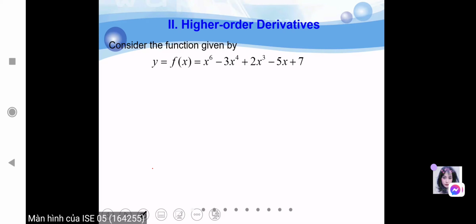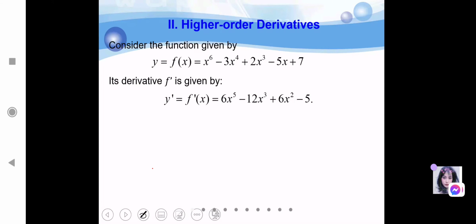What is f prime? f prime equals 6x to the 5 minus 12x cubed plus 6x squared minus 5.